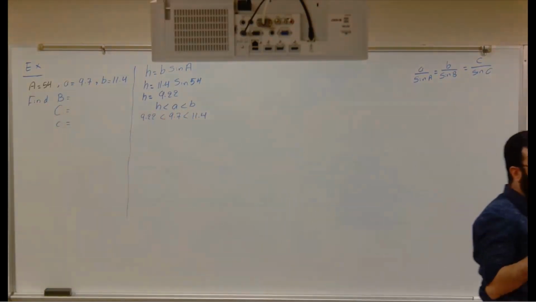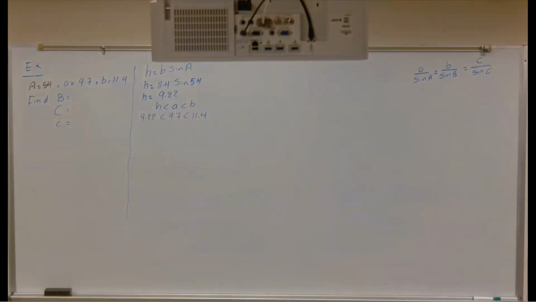That means A is between H and B. Which case is similar to this one? Look at these cases. So how many triangles, how many possibles do we have? We have two possibles.